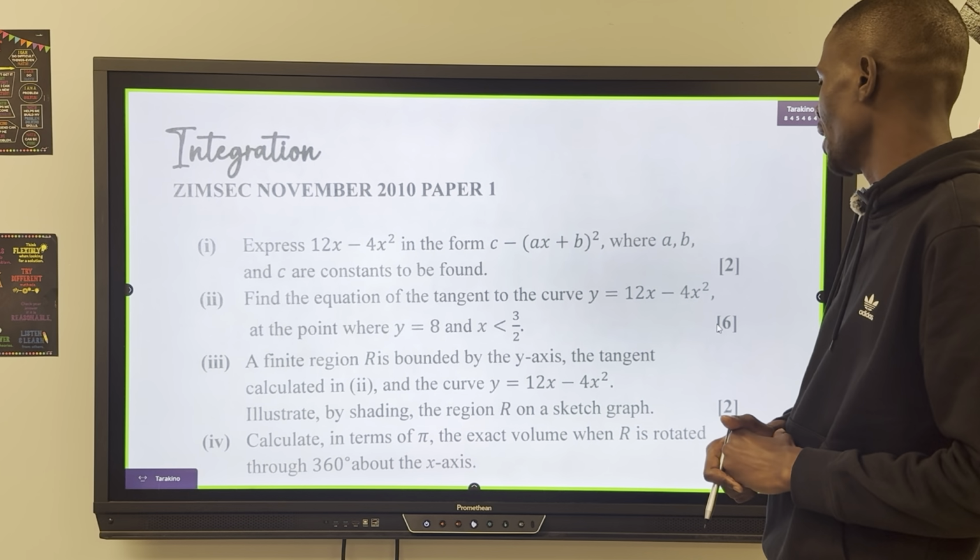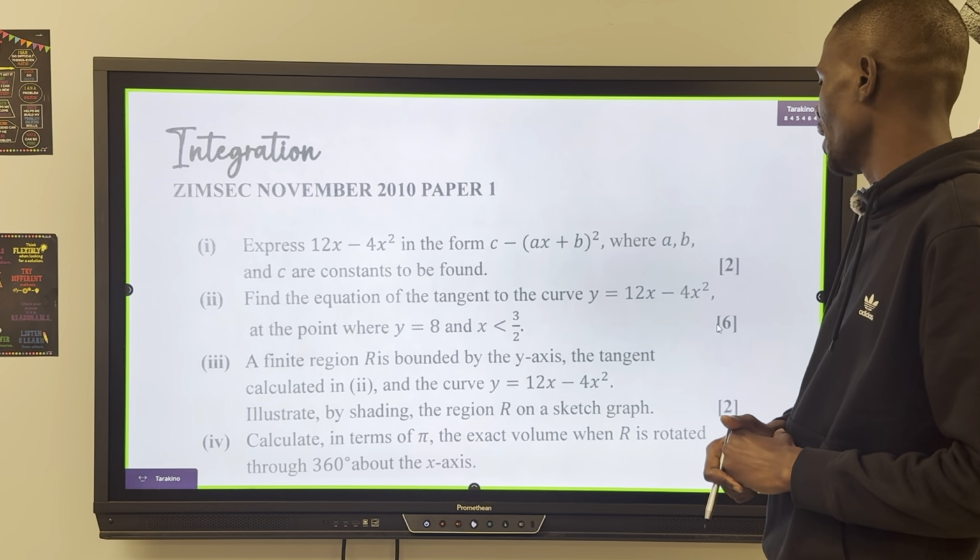We want to compare coefficients of x squared. When comparing coefficients of x squared, a squared is equal to 4. So a is root of 4, which is just 2. Then we can compare linear terms. Negative 2ab equals 12. Since a is 2, negative 4b is equal to 12, so b equals negative 3.